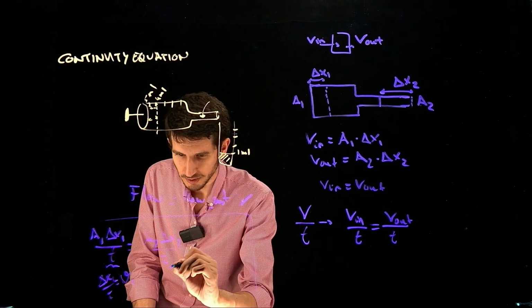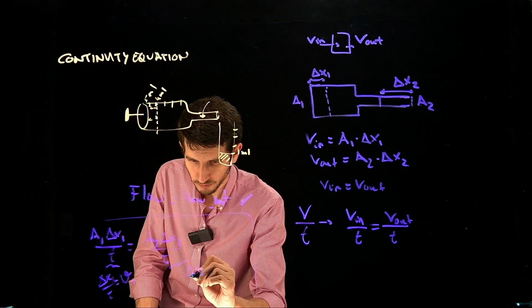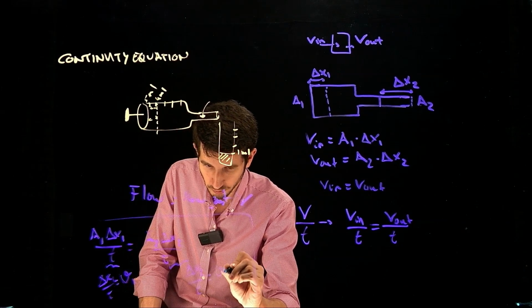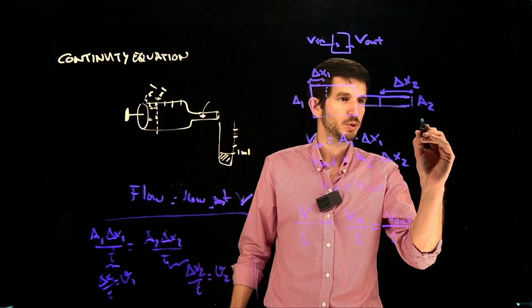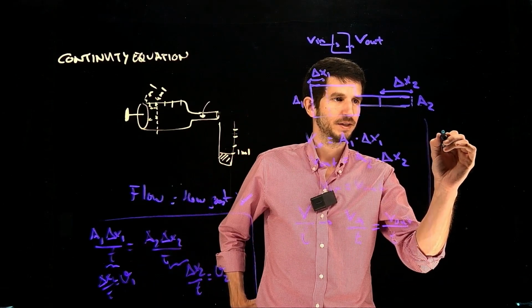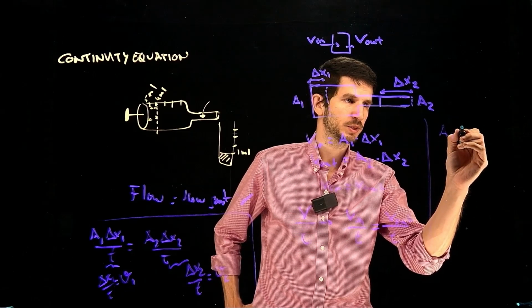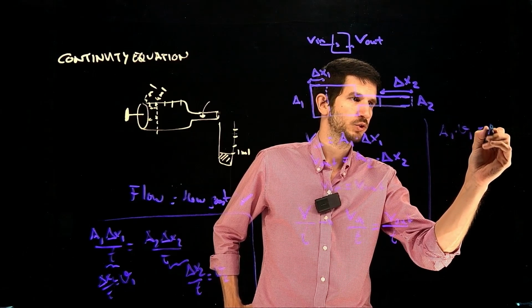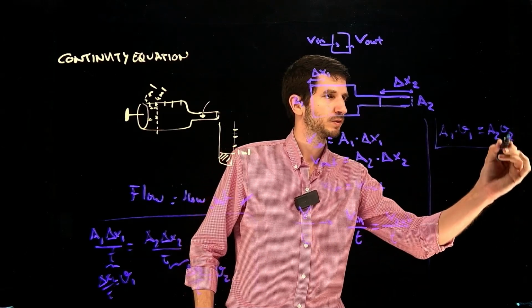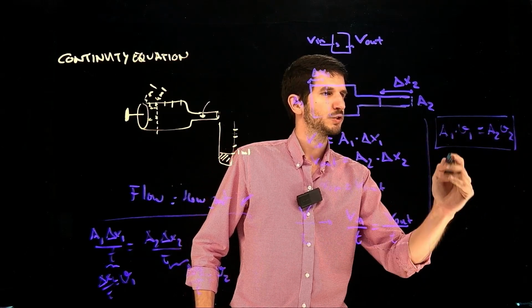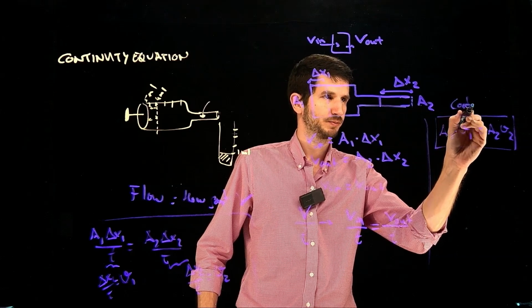And how much is delta x2 divided by t? Well, that's going to be the velocity v2. And so if I replace those, I have that A1 times velocity 1 needs to be A2 times velocity 2. This is what we call the continuity equation.